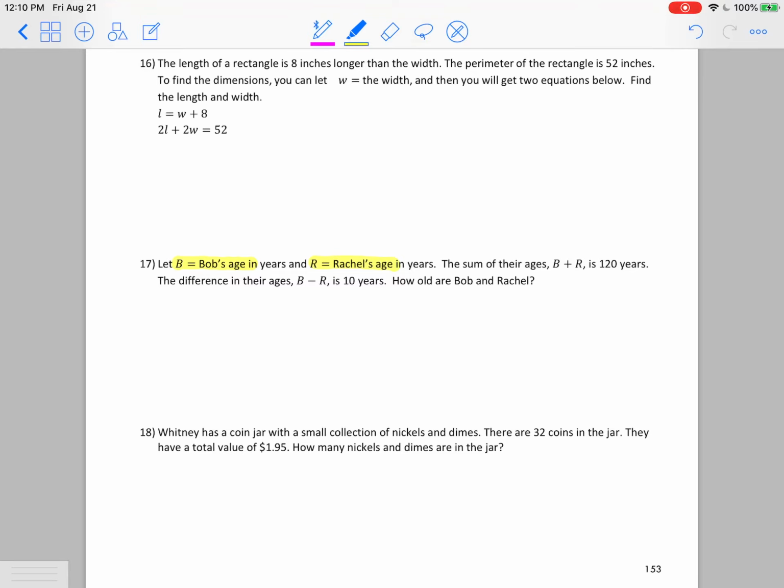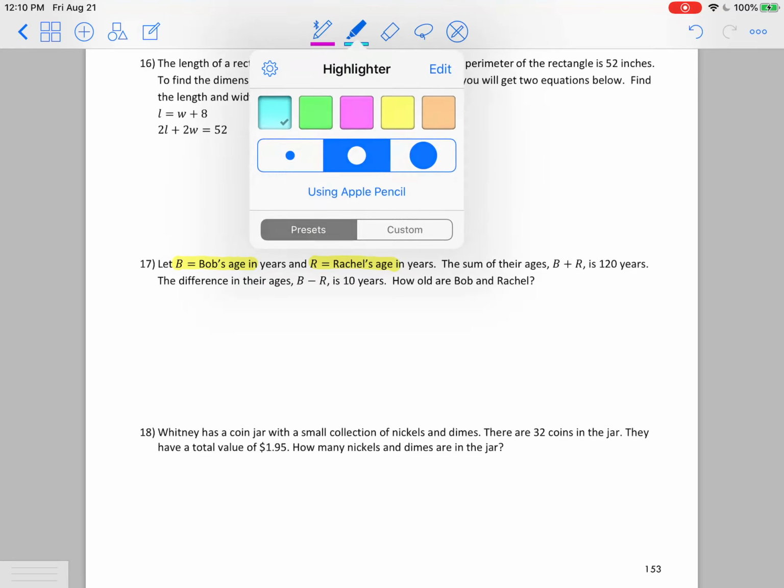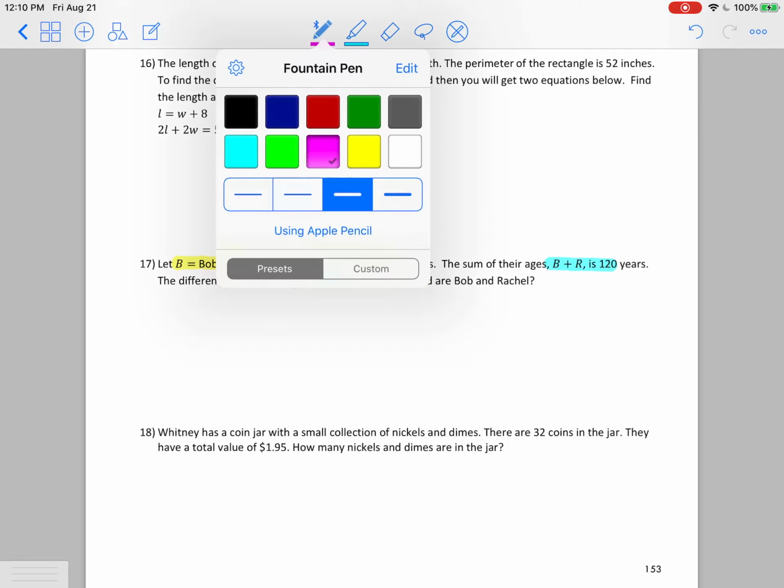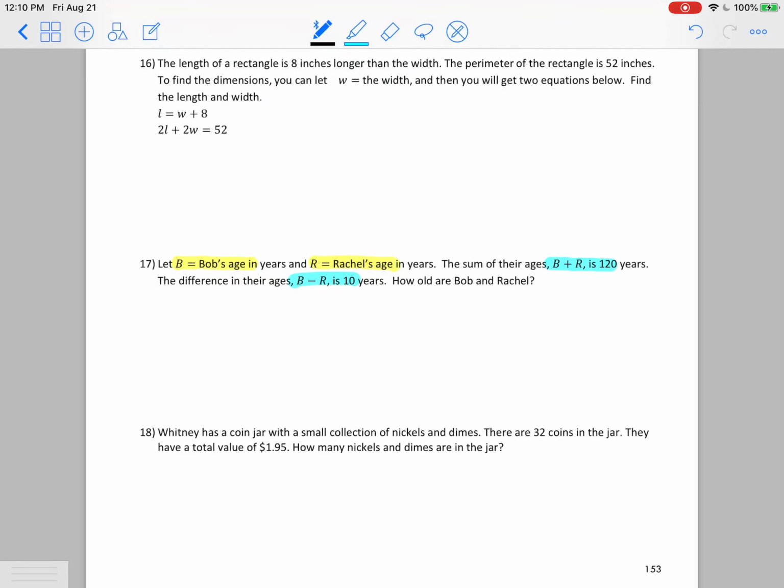So there's some good information in here that we are definitely going to use. We know that this is going to be true, and this is going to be true. This is a nice problem because it's helped us a lot already with some of the stuff that we would normally need to pull out of the problem and set up.